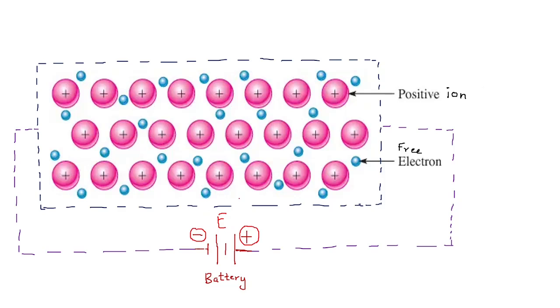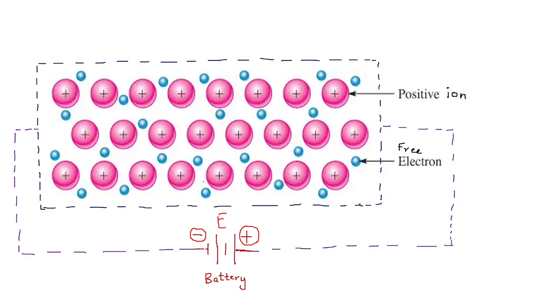When this field is applied, the electrons will be attracted towards the positive terminal of the battery. So all these free electrons will start moving towards the positive terminal.